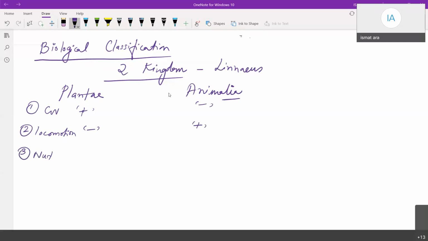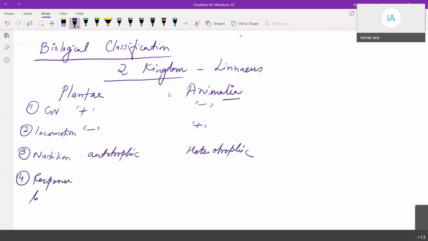Mode of nutrition: autotrophic for plants, heterotrophic for animals.